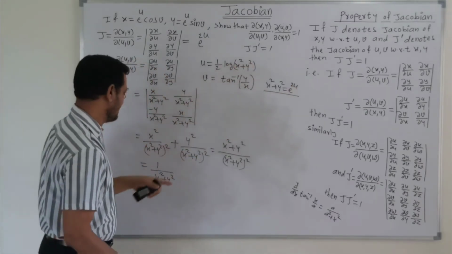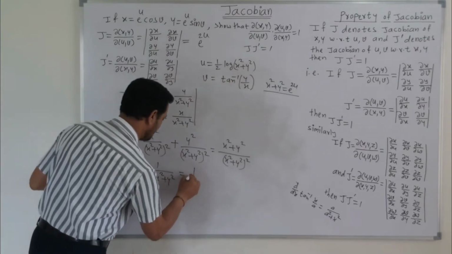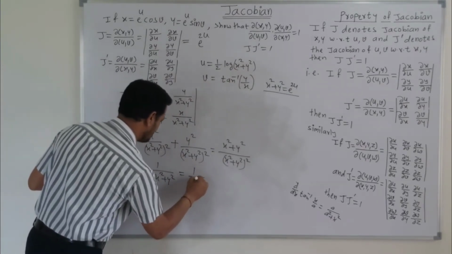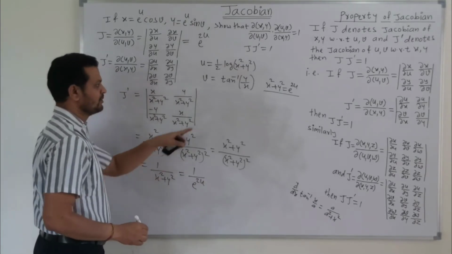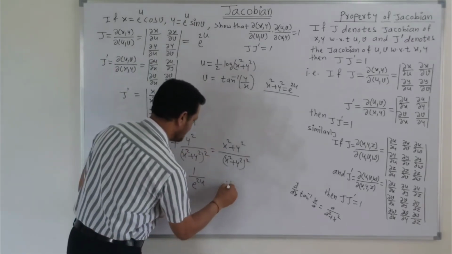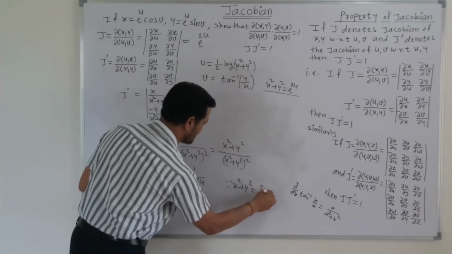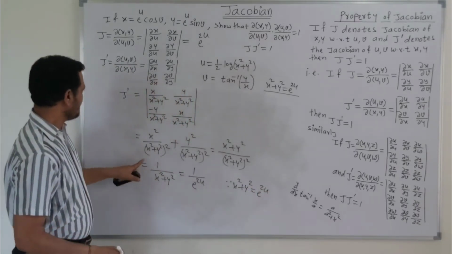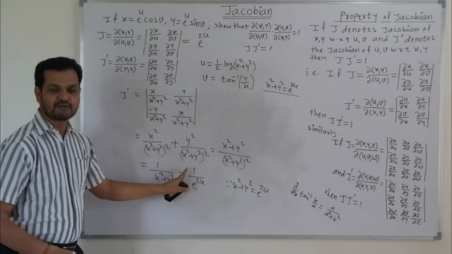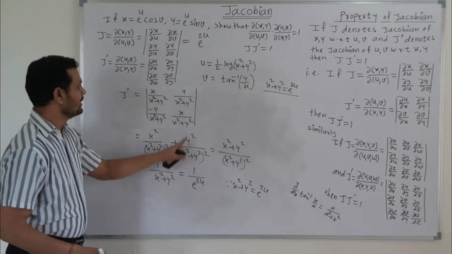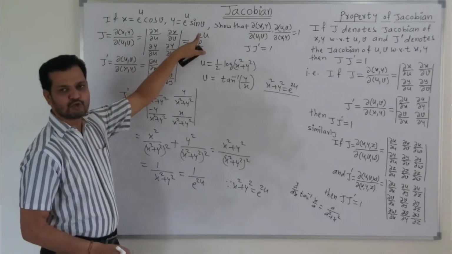But friends, we know that x square plus y square is equal to e raised to 2u. Just now we have calculated that. So according to this formula, we get 1 upon e raised to 2u. So since the value of x square plus y square is e raised to 2u, here we get the value of z dash as 1 upon e raised to 2u, and the value of j is e raised to 2u.